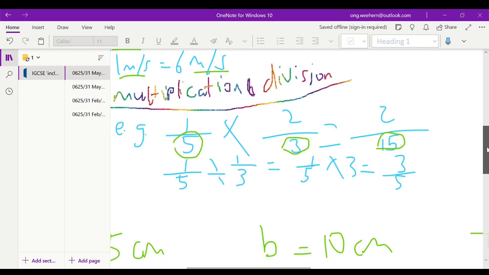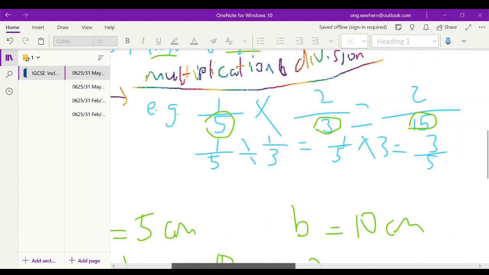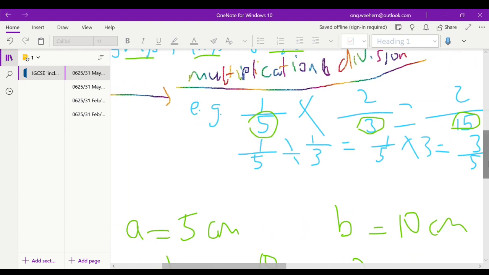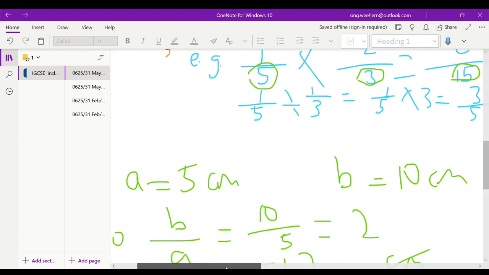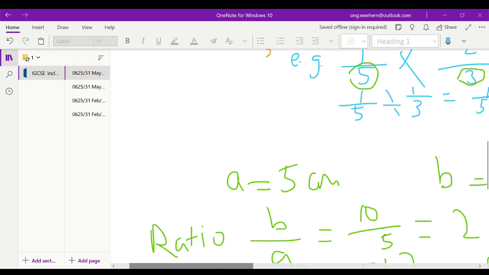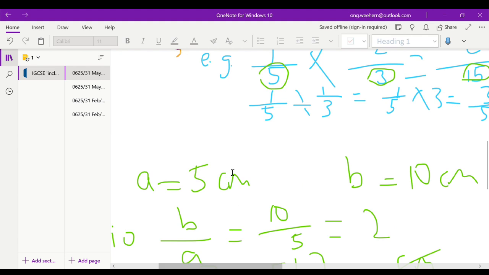I want to highlight one case. For example, if we are given A equals 5 cm and B equals 10 cm, how do we find the ratio B over A? We must also ask ourselves whether B over A has any units or not. What we do is deal with the numerical and the unit calculation differently.